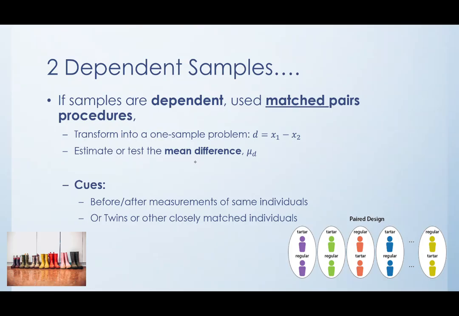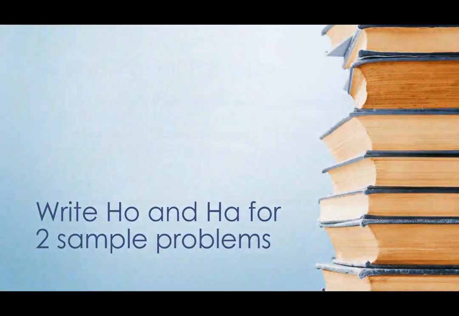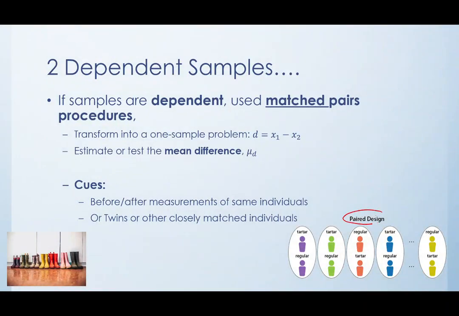And in this case, this is basically saying, hey, I've got two sets of people, like down here in this little picture, it said paired designs. And so we've got purple guy, green guy, orange guy, blue guy, and so on and so forth. And I'm guessing this is something with toothbrushing, right? And so we've got a measurement with them using the regular toothpaste, and then we've got a measurement with them using maybe the tartar control toothpaste, and we're seeing which one does a better job, right?